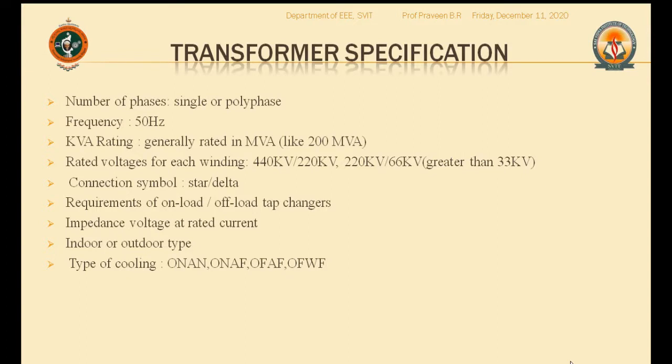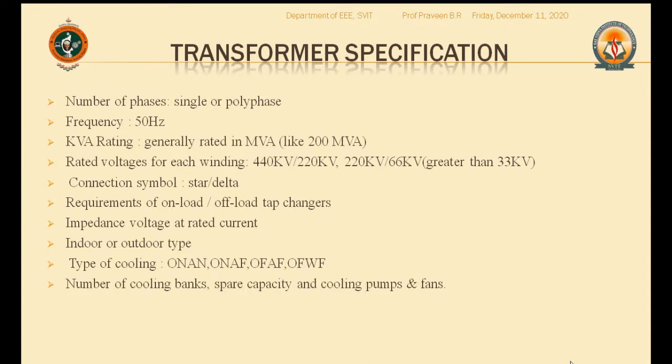There are different types of cooling methods for a transformer, such as oil natural air natural, air forced, oil forced, air forced, oil forced water forced. So we are going to see whether the coolant we are using is oil, water, or air, and whether it is forced or natural.